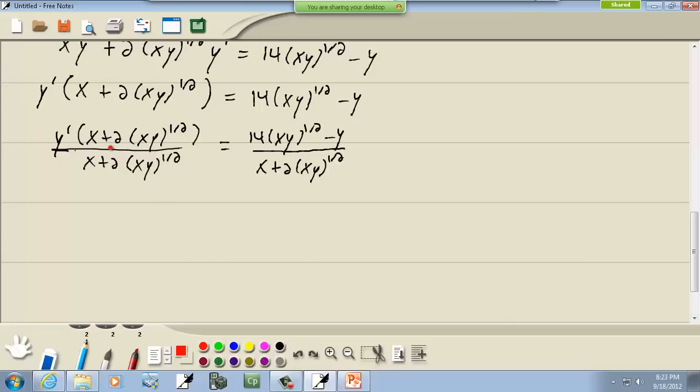Okay, we're just about there. This cancels with that. And we got y prime is equal to 14 xy to the 1/2 minus y over x plus 2 xy to the positive 1/2.